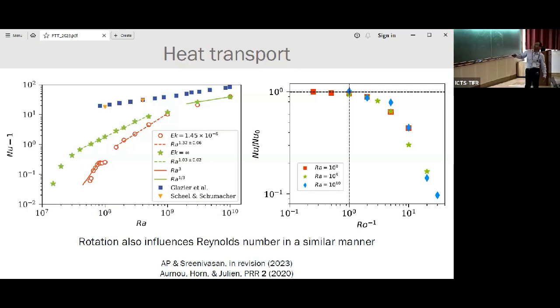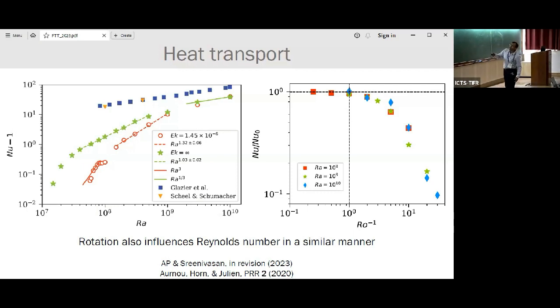Nusselt minus 1 increases much faster than Rayleigh to the 1/3, because, as I showed, it is approaching the value in the extended domain. But at high enough Rayleigh numbers, larger than 10 to 9, the scaling exponent is nearly 1/3. So we are basically in the extended convection regime when the Rayleigh number is large enough.